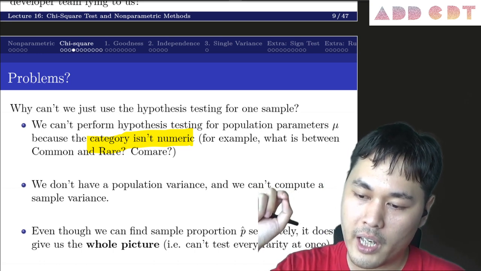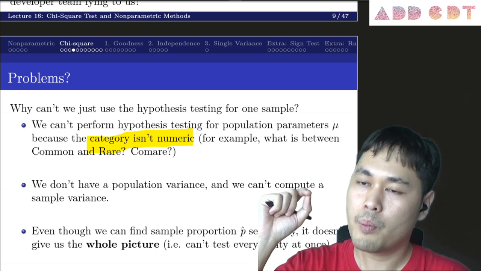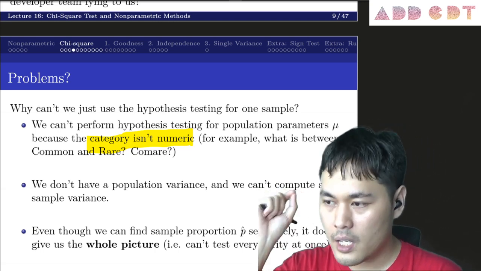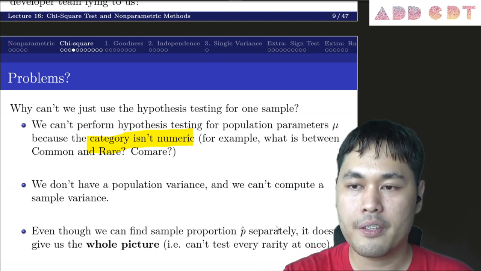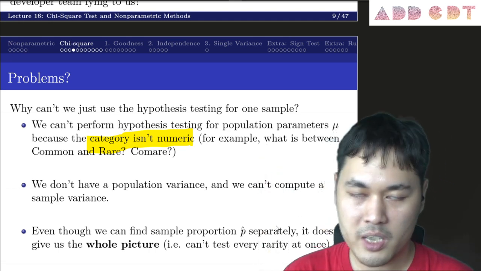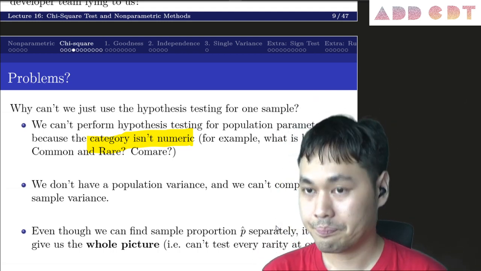If you want to test a hypothesis about the proportion of common cards, yes, you can do that. But then you don't get any information about the rare cards, epic cards, and legendary cards.